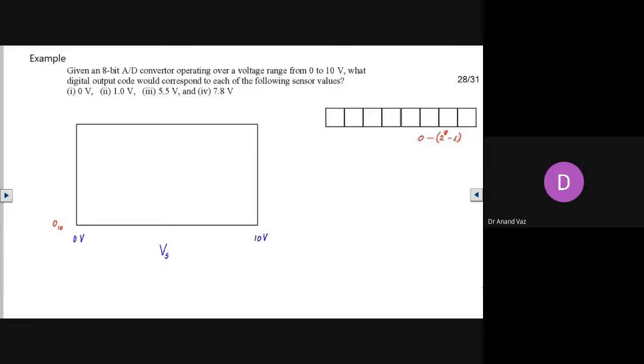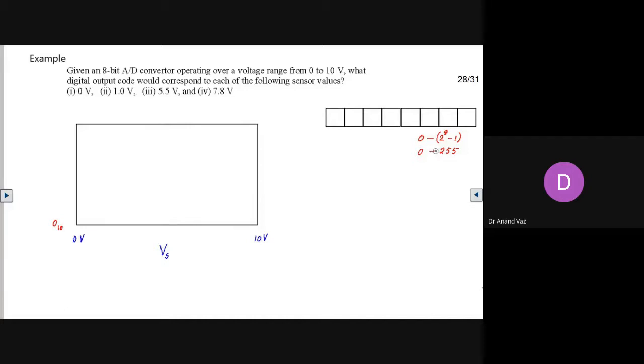So this is your range, and this will therefore be 256 minus 1, that is 255. So 0 to 255.